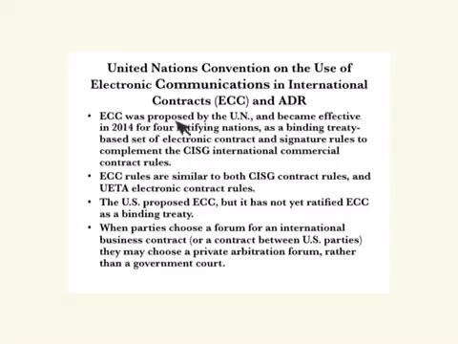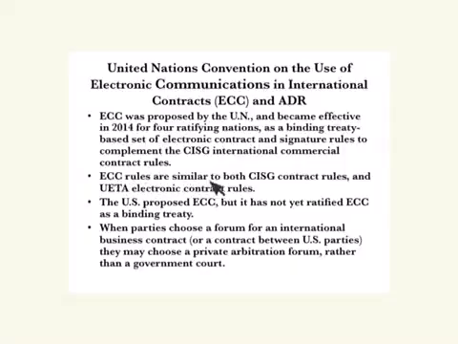Because it's uncomfortable to many businesses to rely on interpretations of the CISG as to what's an electronic contract and what's not, the United Nations Convention on the Use of Electronic Communications in International Contracts, or the Electronic Contracts Convention for short, was proposed and became effective in 2014, but so far for only 4 ratifying nations, not including the U.S. This sets out detailed treaty-based electronic contract and signature rules.